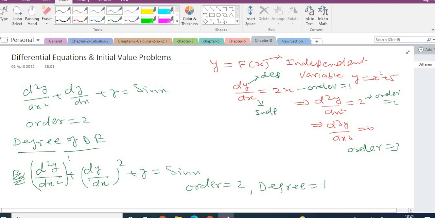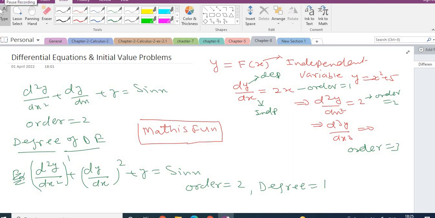You can use the website Math is Fun, which I showed you, to practice how to find the order and degree of a differential equation.